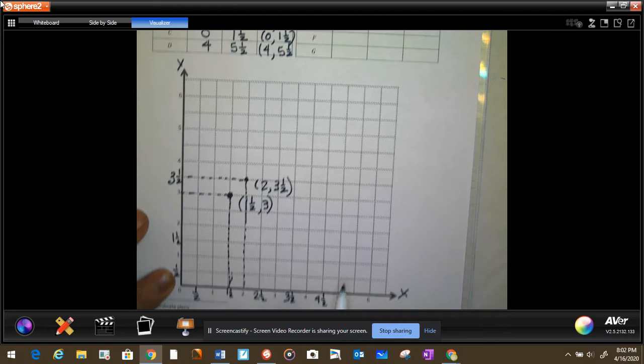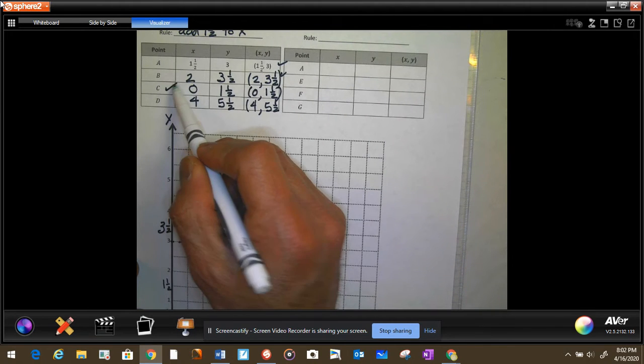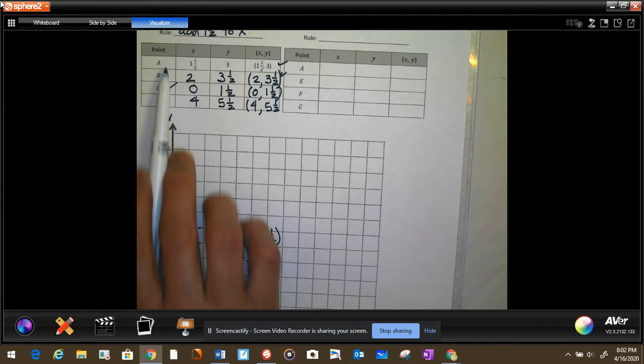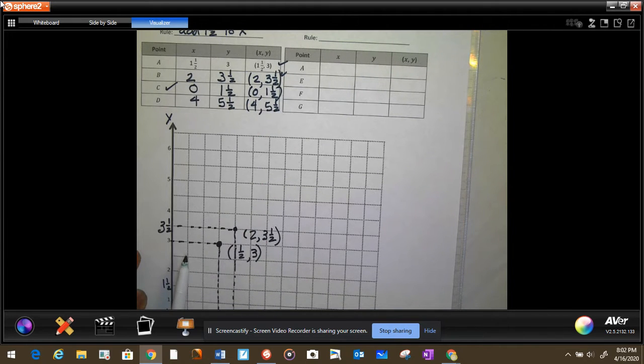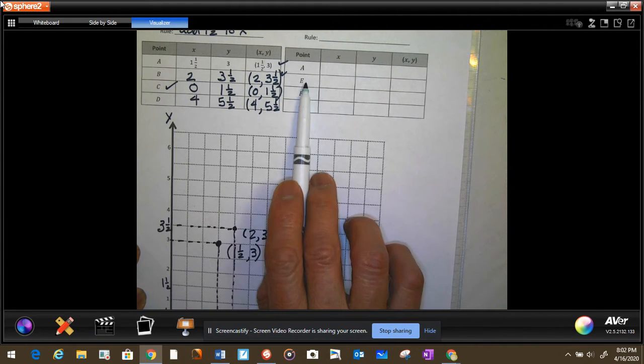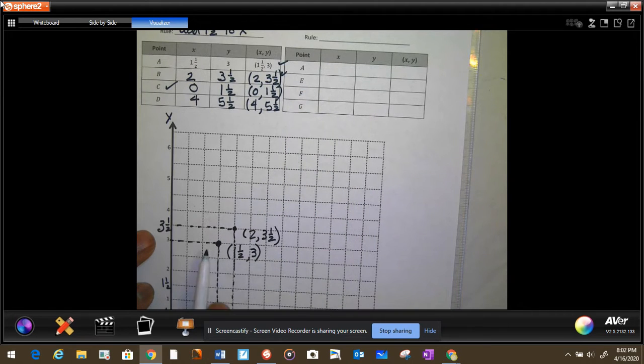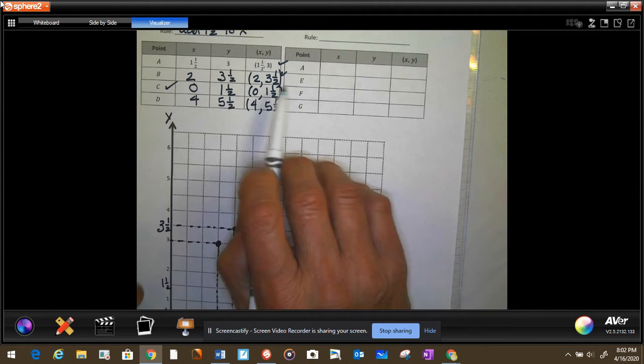Now let's do the C point. And see, now we can put the letters instead of the coordinates.